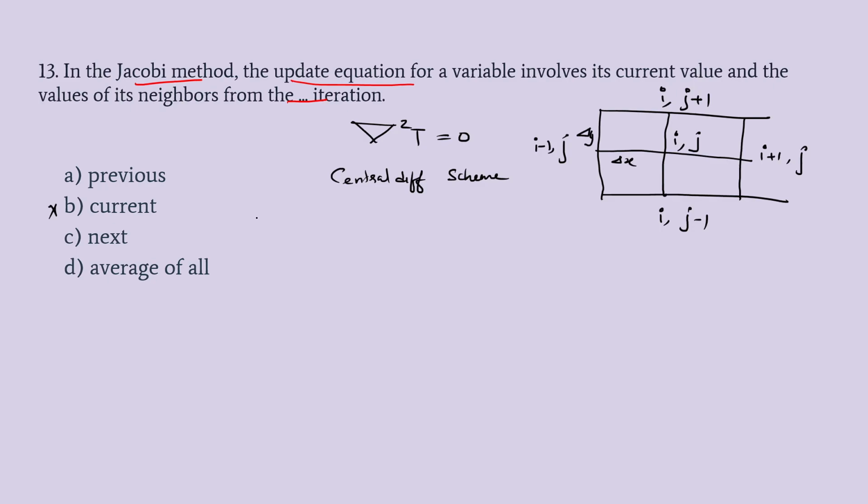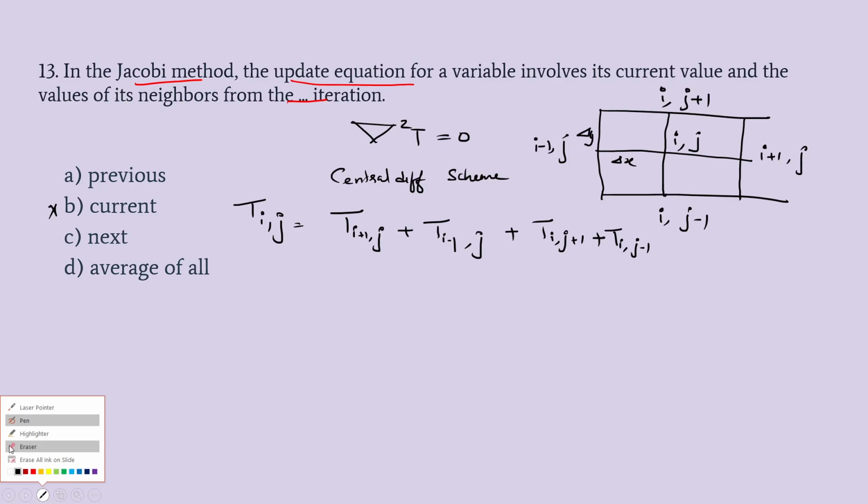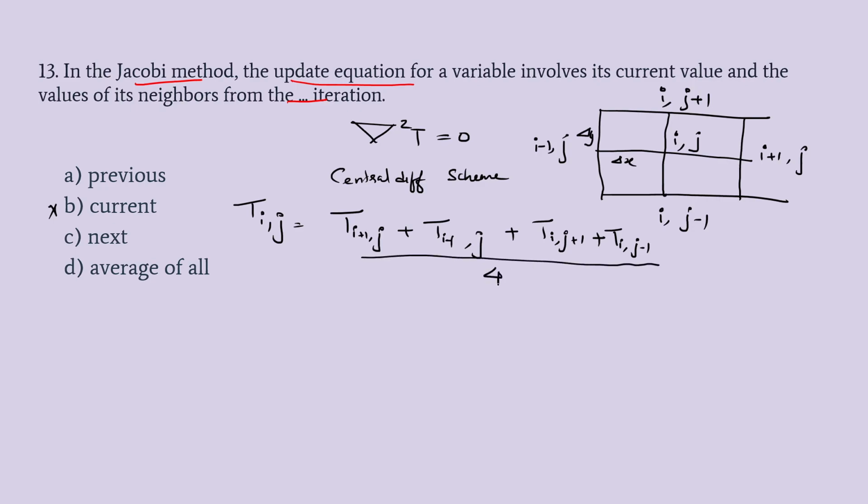So the equation will become something like T of i comma j is equal to T of i plus 1 comma j plus T of i minus 1 comma j plus T of i comma j plus 1 plus T of i comma j minus 1, the whole divided by 4, given we are considering delta x is equal to delta y.